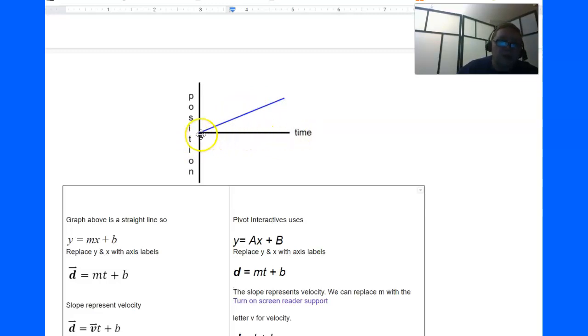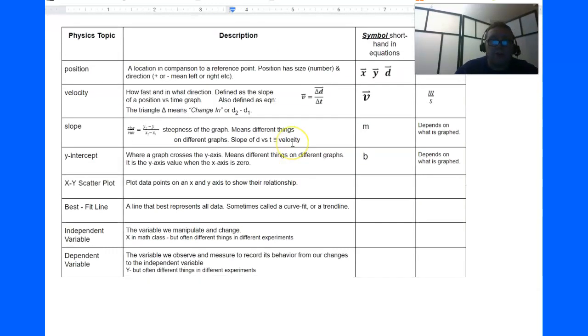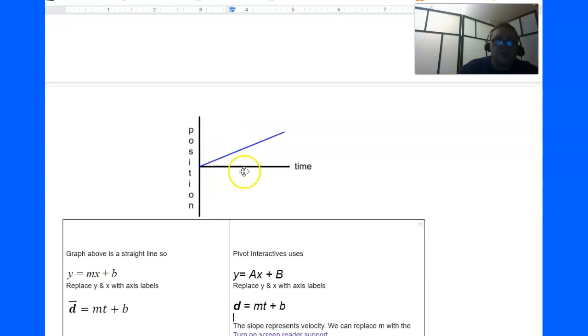So when time is 0, what's the position? The y-intercept is the position of the object when time is 0. For this graph here, the position of the object when time is 0 is pretty much 0, the way this graph is drawn.